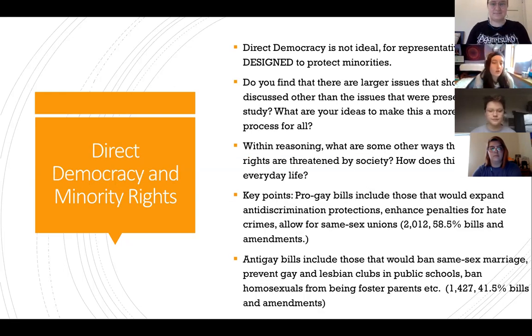Okay, so I wanted to continue off of what Mara was discussing and talk about how direct democracy and representative democracy differ in how they protect minorities. The article that was listed first discussed how direct democracy could be unfair to those in a minority because of how direct democracy works.